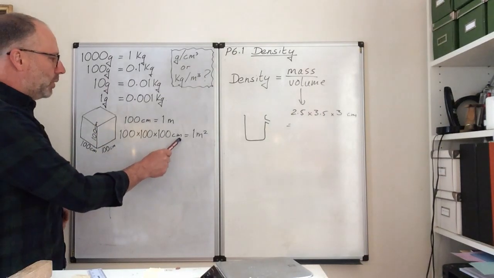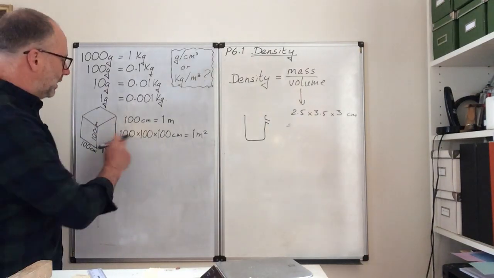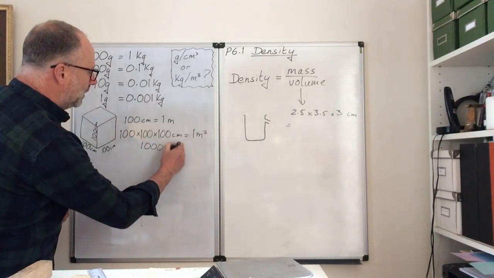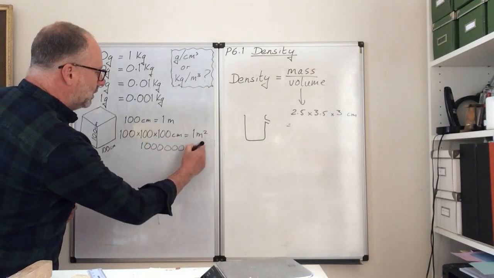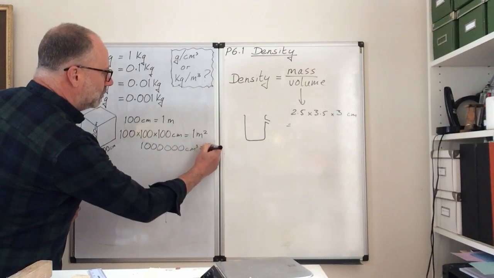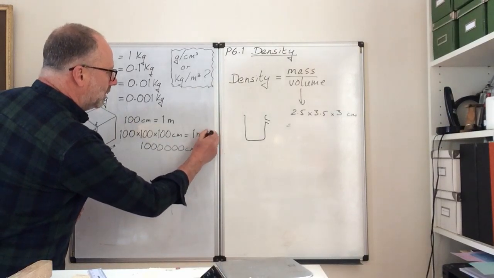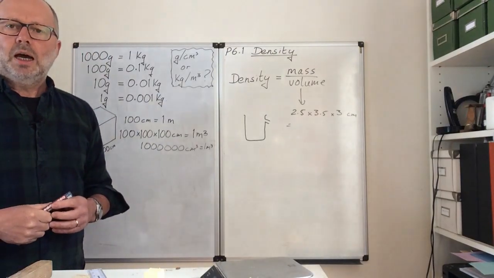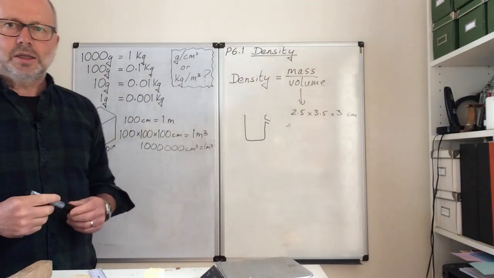If you do that sum, it actually comes out at 1 million. So 1 million cubic centimeters is 1 cubic meter. We'll do the maths another time, but just bear that in mind.